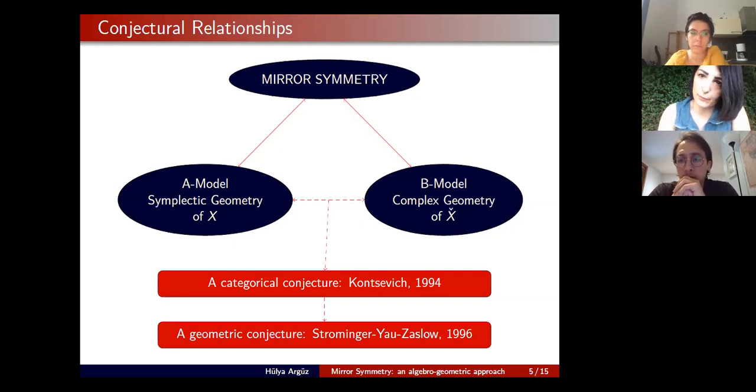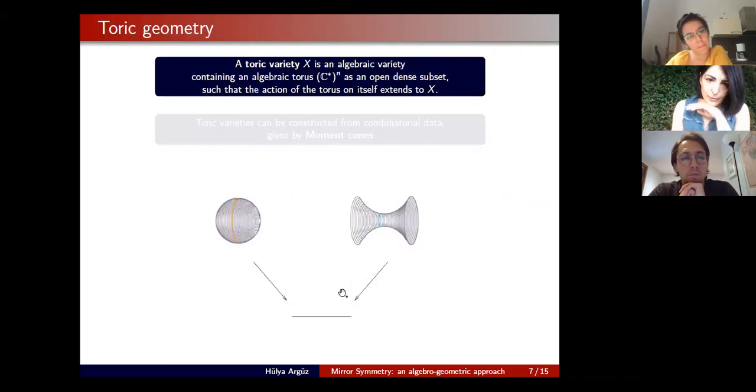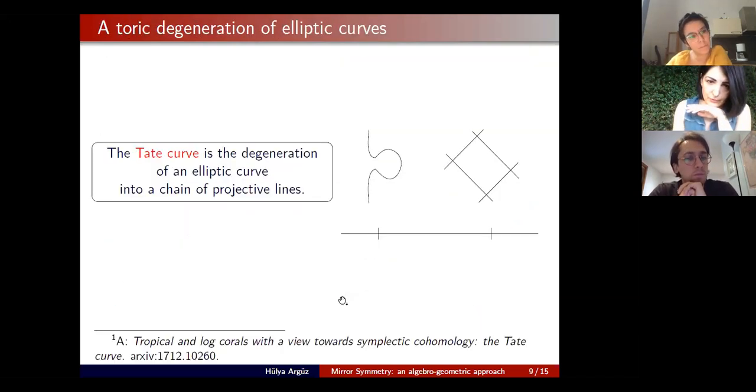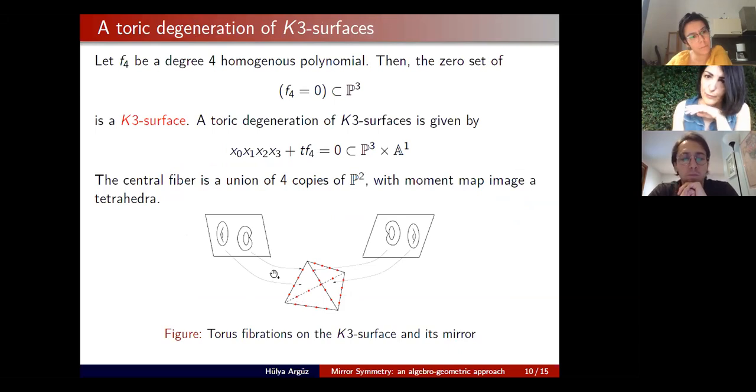How does that work is, the structure constants that contribute to the product on the A model on the symplectic side.